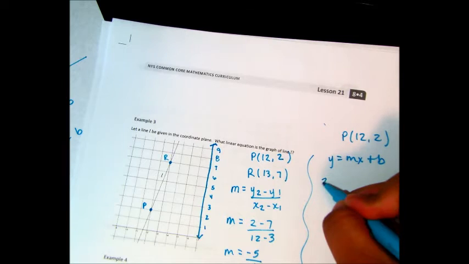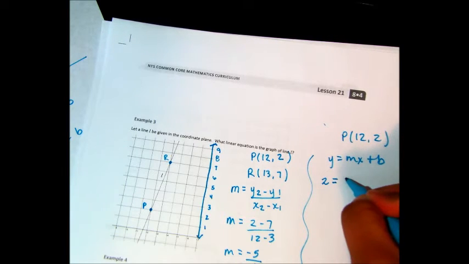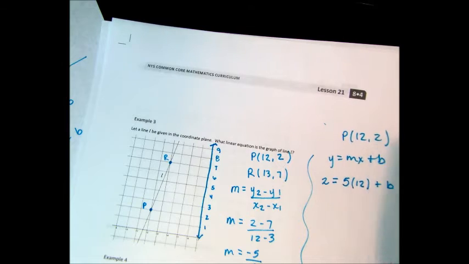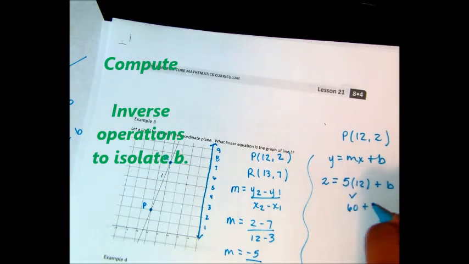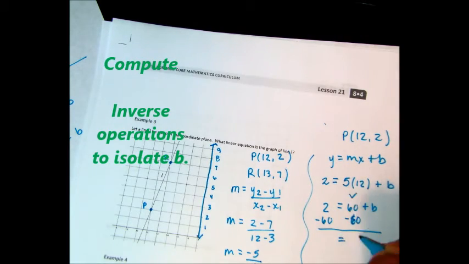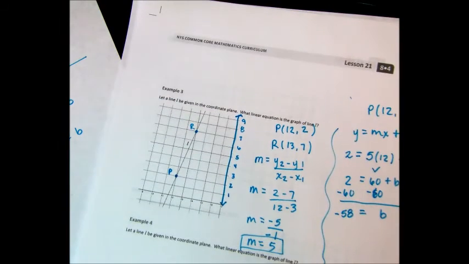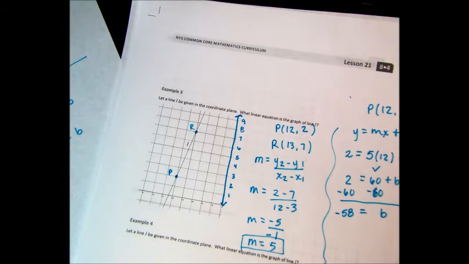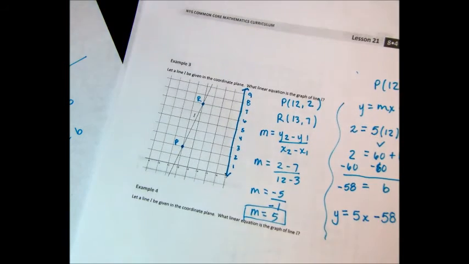Equation should look like 2 equals 5 times 12 plus B. I'll use this information to say that the linear equation that represents this graph is y is equal to 5x minus 58.